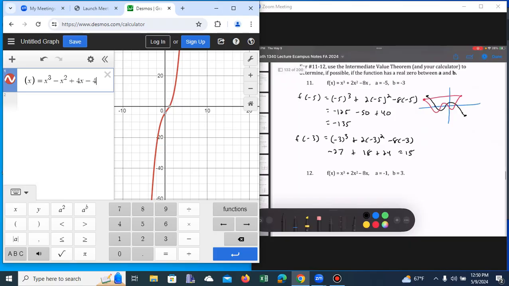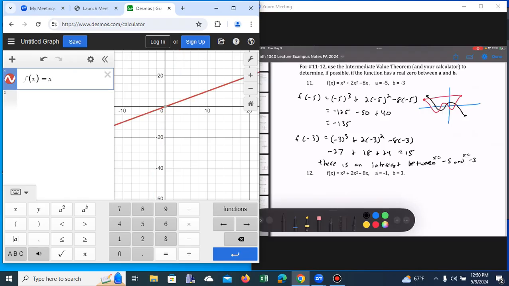That means there is an intercept between -5 and -3 for x. And so if we graphed it, x cubed plus 2x squared minus ax.